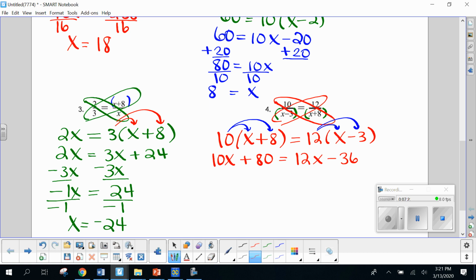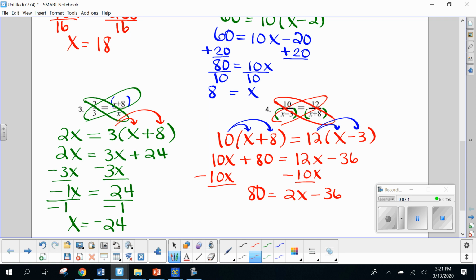So we have solving equations with variables on both sides of the equal sign. And I want to move my smallest variable, which is the 10x. So I'm going to subtract 10x from both sides. I end up with 80 is equal to 2x minus 36.